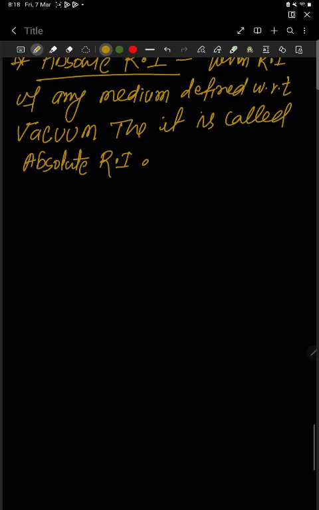Okay, now let's write the general formula for refractive index. So refractive index, in short I'm writing mu.